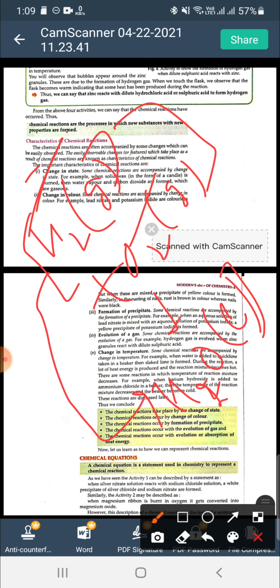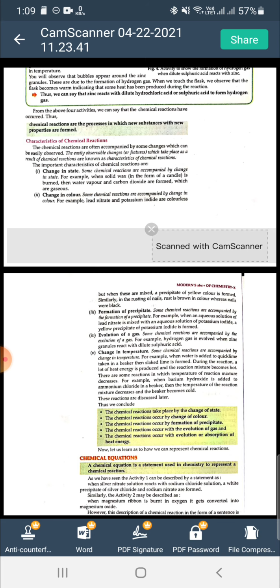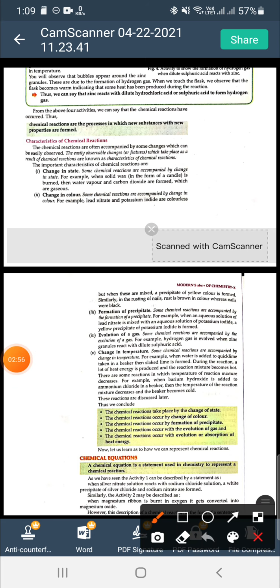Like this, there is a change in color also. Some reactions are accompanied by a change in color.